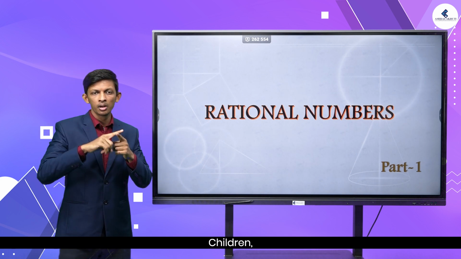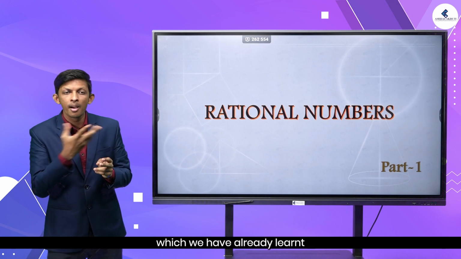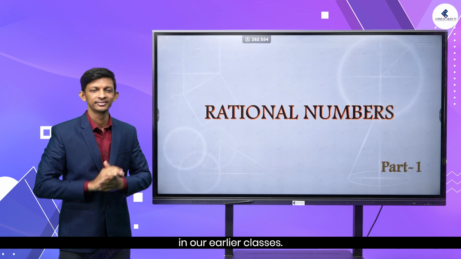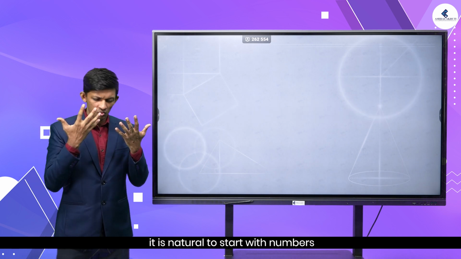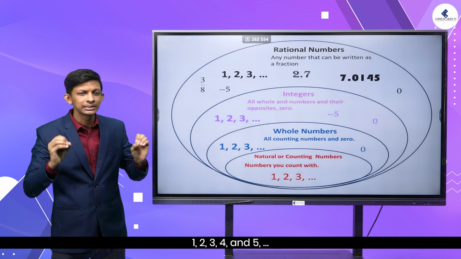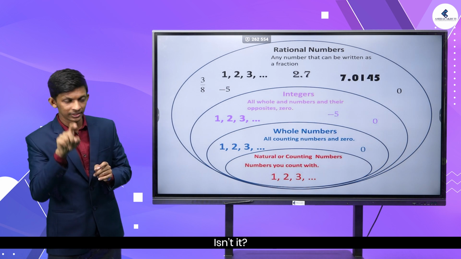Children, let us recall the different types of numbers which we have already learned in our earlier classes. When we want to count, it is natural to start with numbers 1, 2, 3, 4 and 5, isn't it?